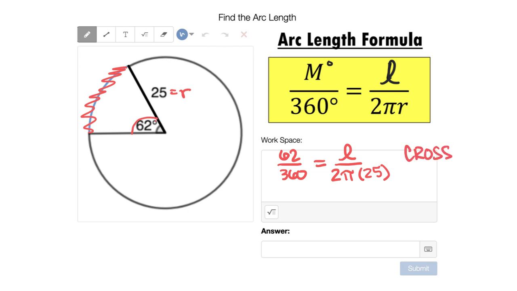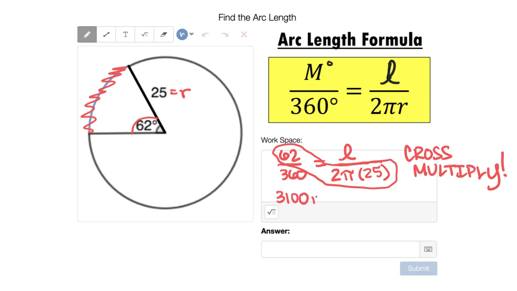To solve this, I'm going to cross multiply. Okay, so all of this will multiply together. And I'm going to keep the pi sign off to the side for right now. So I'm going to do 62 times 2 times 25. Gives me 3,100 pi equals 360 L when I cross and multiply those.